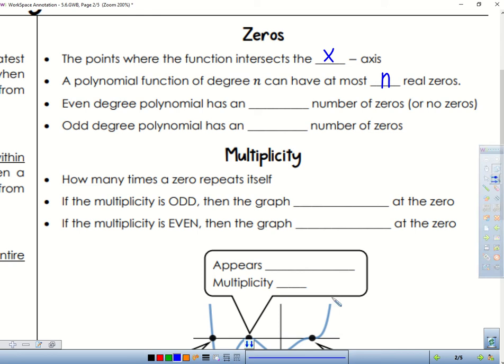A polynomial of degree 3 can have at most 3 real zeros. So the main idea here is a polynomial function, whatever the degree is, how many zeros that function has. An even degree polynomial always has an even number of zeros, or none at all. And an odd degree polynomial has an odd number of zeros.